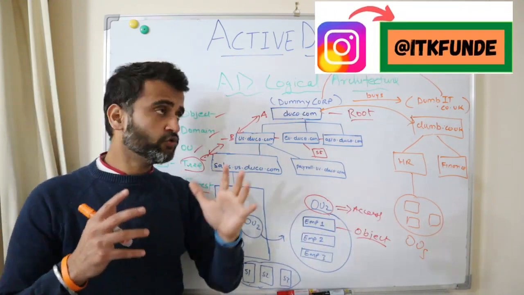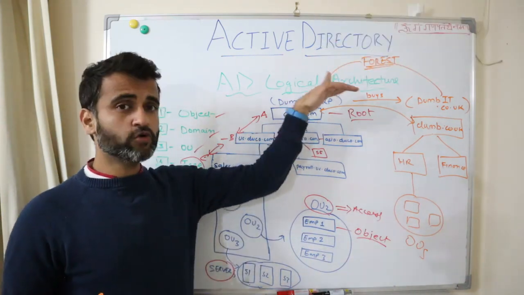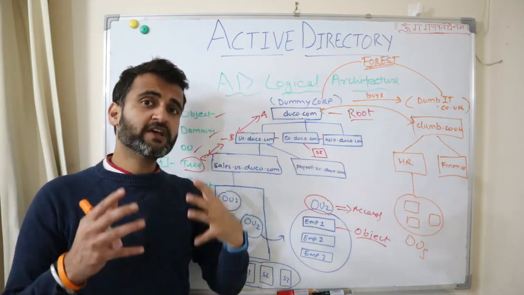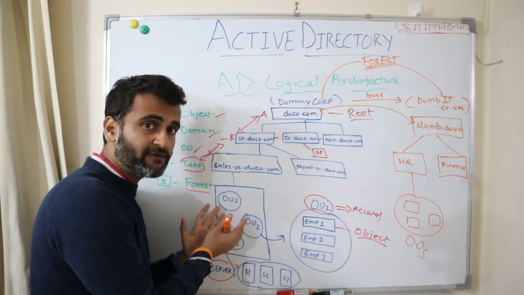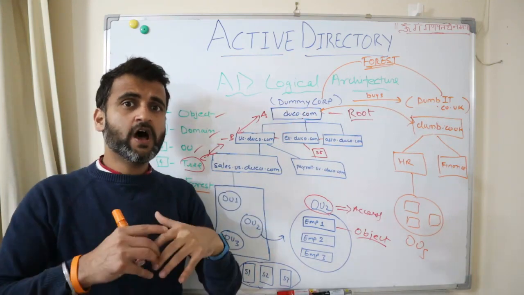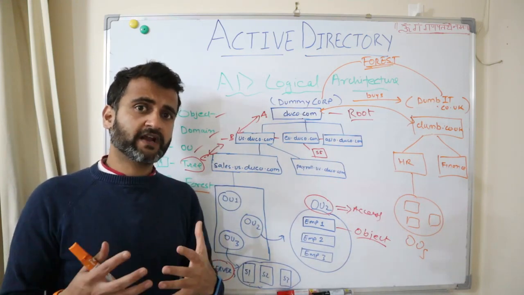And this particular global catalog might have some information stored at a global catalog level, but there could be some information which could be specific to an OU level also. It all depends on how you design your Active Directory and how you want this Active Directory to work.